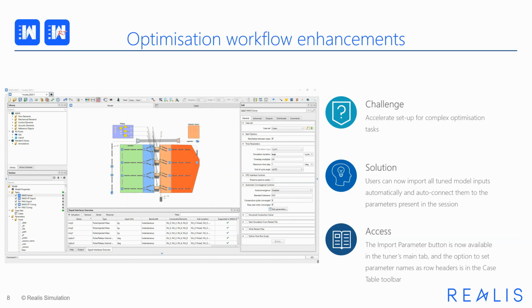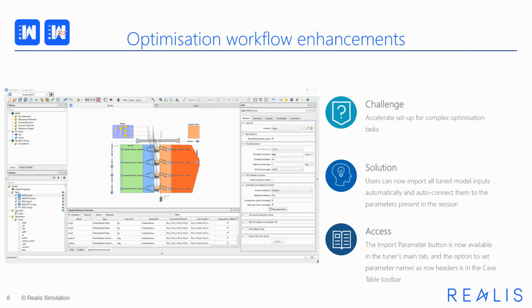The enhancement in the 2025.1 release in this workflow now allows users to import all inputs of the tuned model defined by parameters and automatically connect them to parameters which are already present in the session.